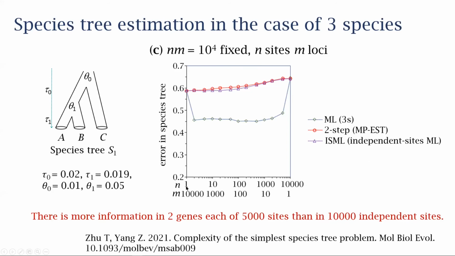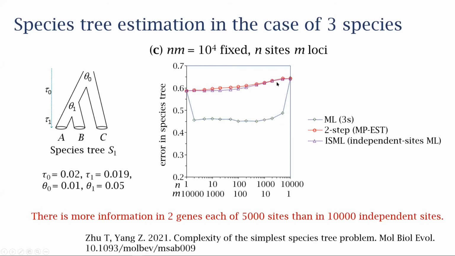Here on the left, you have 10,000 independent sites. So the big problem with these 2 ends is that you have some identifiability issues. In the middle, you see the errors are not so different.